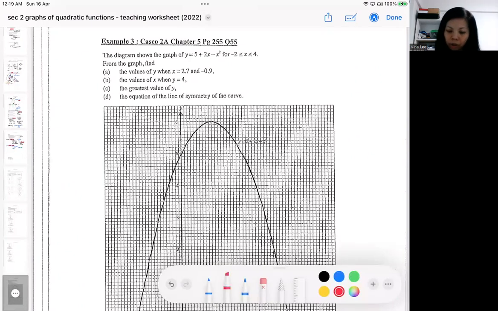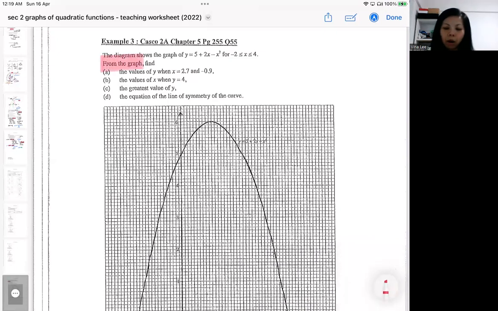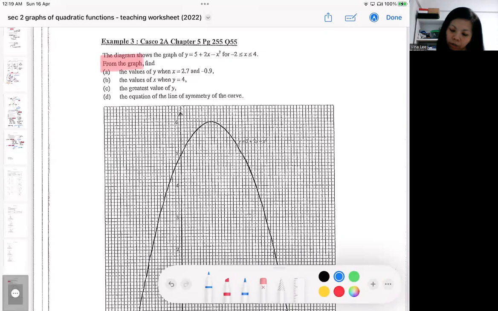And the question says "from the graph". That means all your answers must be obtained from your graph. You cannot be doing calculation. So unlike the previous two examples, where you could calculate because you could not read from the graph, now that you can read from the graph, your job is to use your ruler and pencil, and then you read.